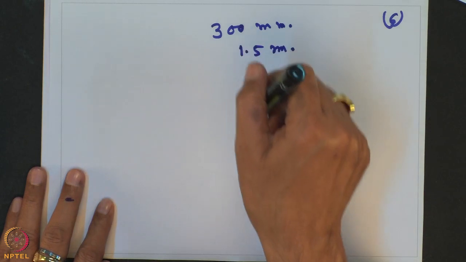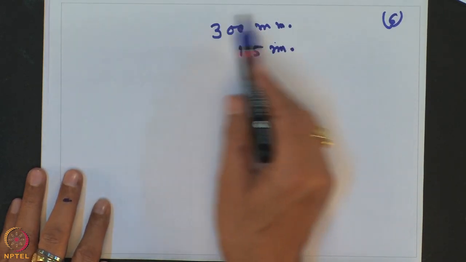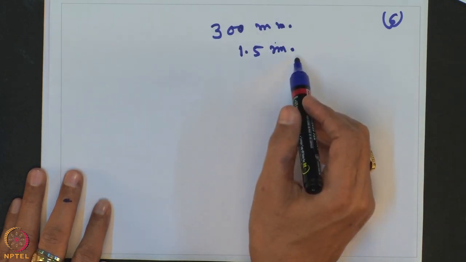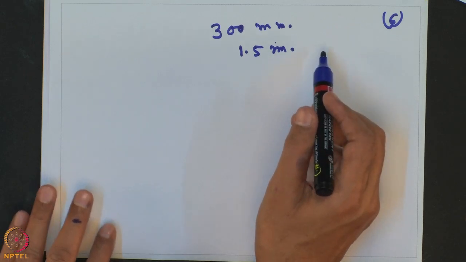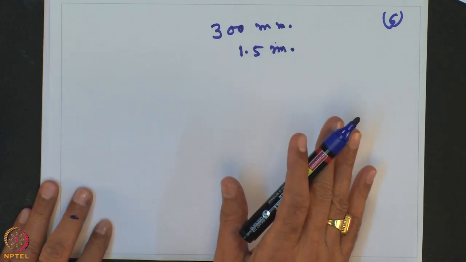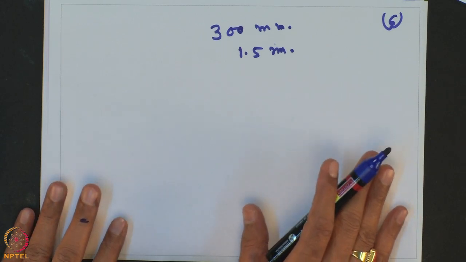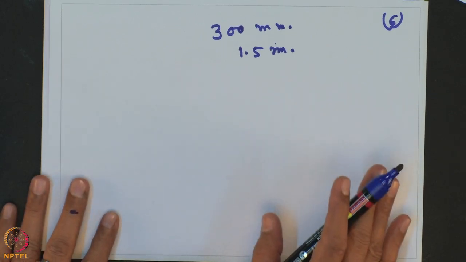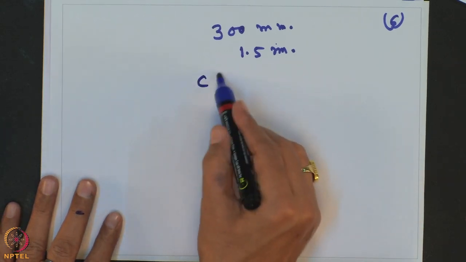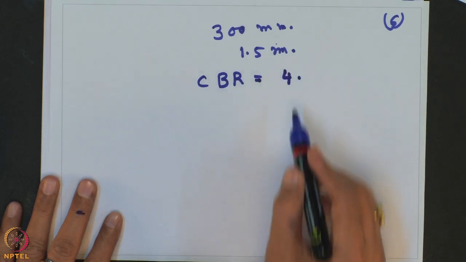So, what will be the energy mobilized by the free fall of a rock of size 300 millimeter falling from 1.5 meter on a geotextile, and the geotextile is supported by poor subbase soil having an unsoaked CBR strength of about 4.